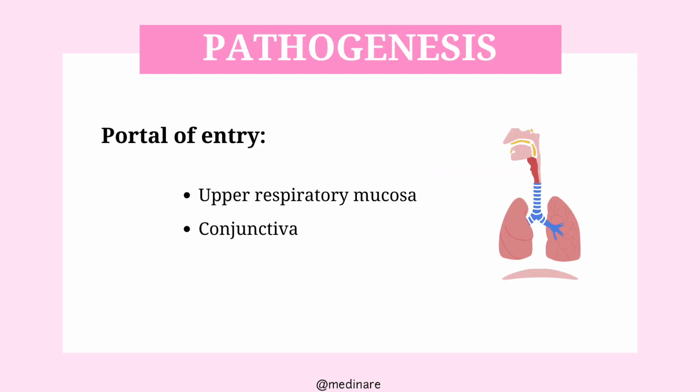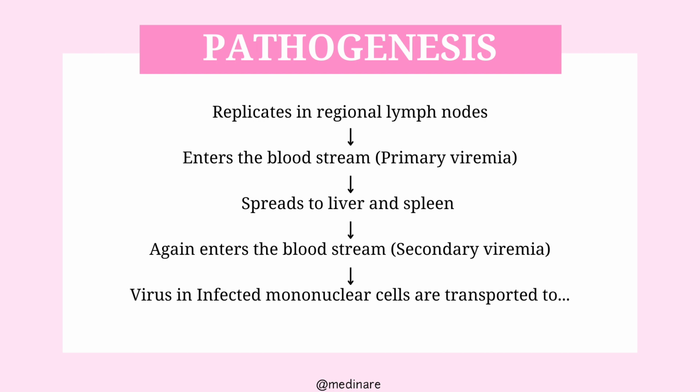This virus enters the human body through the upper respiratory mucosa or through the conjunctiva. Once it enters the body, it replicates in the regional lymph nodes. Regional lymph nodes are those which are present near the site of entry of the virus.